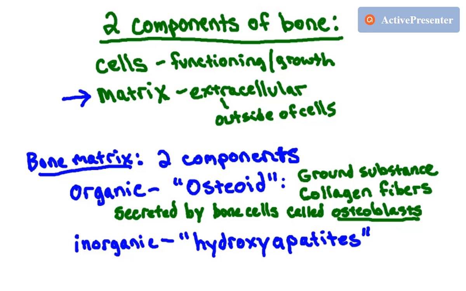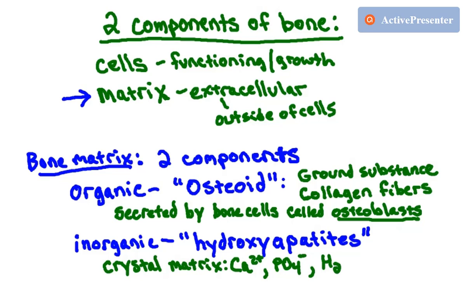Now the inorganic, the hydroxyapatites, the inorganic part of the bone matrix, is like a crystal matrix with the minerals in it. This is where all the minerals go. You know how you need calcium for your bones? They always say calcium does a body good. It's good for your bones. So we have calcium. We also have phosphate, and we have water.